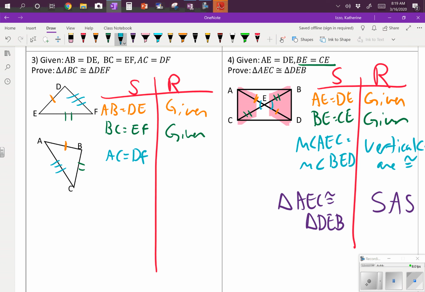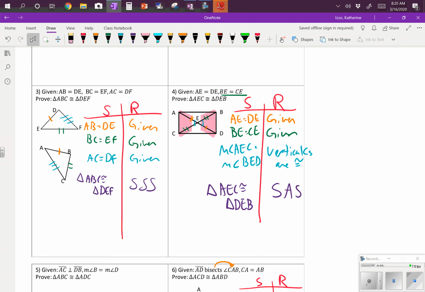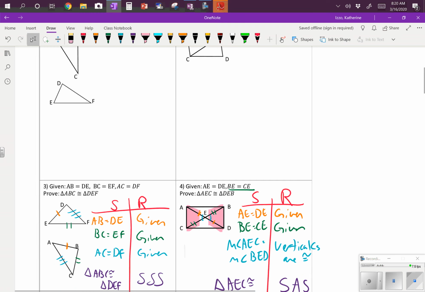Notice for the third pair of sides, I drew 3 lines. We always have to do that, Squirrel. All right, triangle ABC congruent to triangle DEF by side, side, side. So now that we've done 3 and 4, make sure that you have 1 and 2 done.